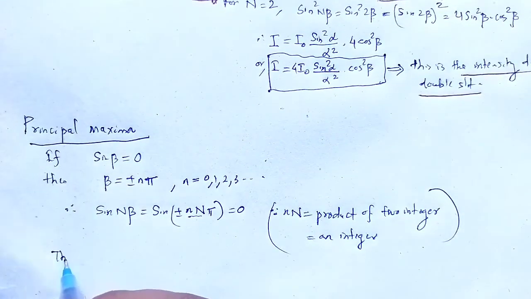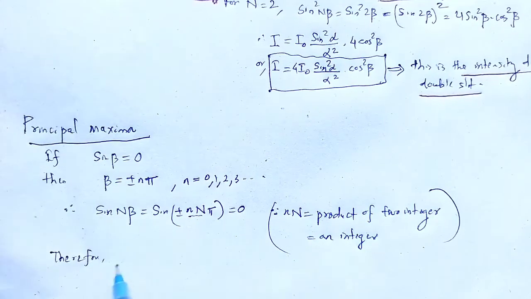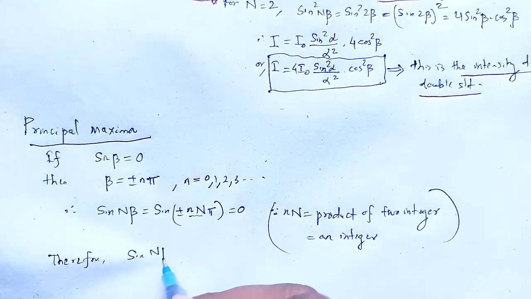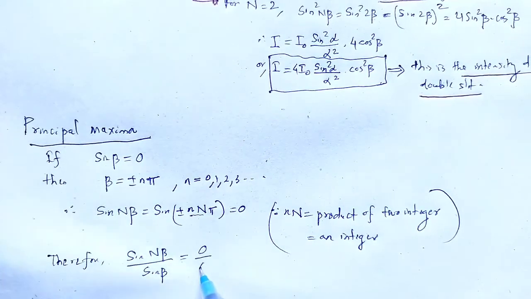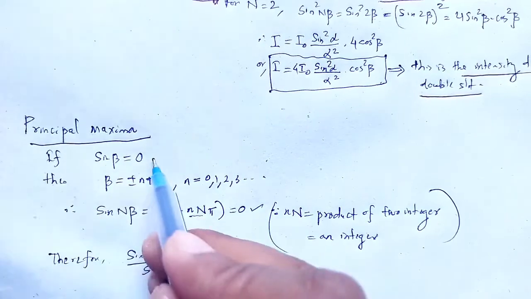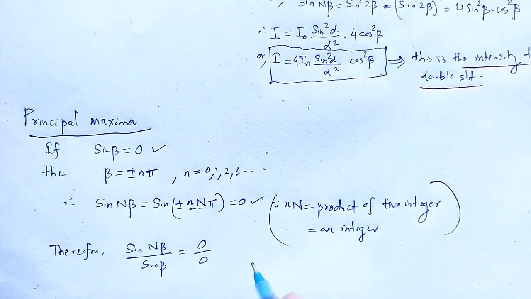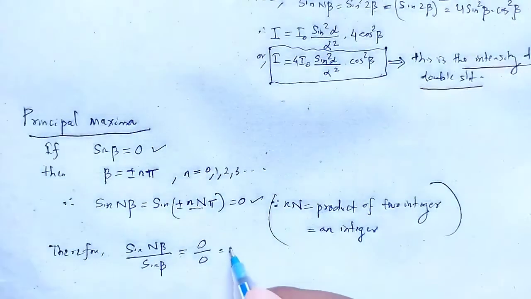Therefore, we write sin n beta by sin beta is equal to 0 by 0 form. Sin n beta is equal to 0, sin beta is equal to 0. So, 0 by 0 form, which is indeterminate.